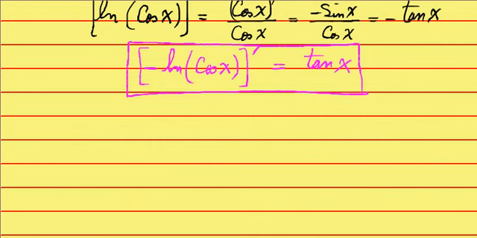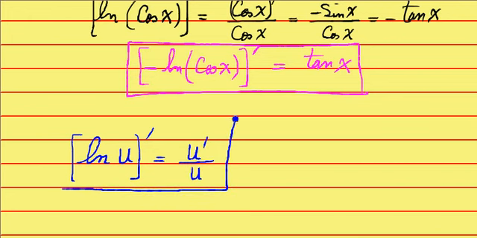Okay, let's go ahead and recap what we have so far. We have the following formula. We have the logarithm of something. If you differentiate that, you get u prime over u. So we practice this formula.